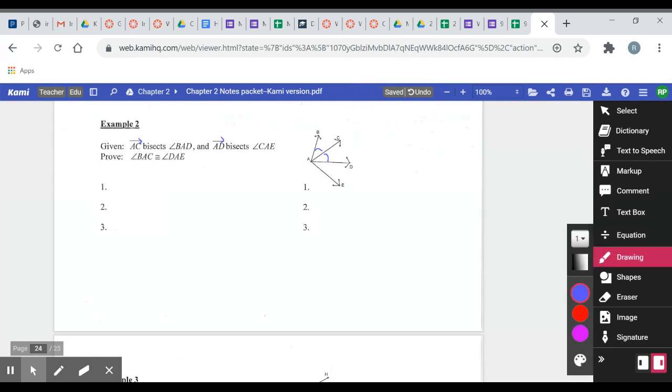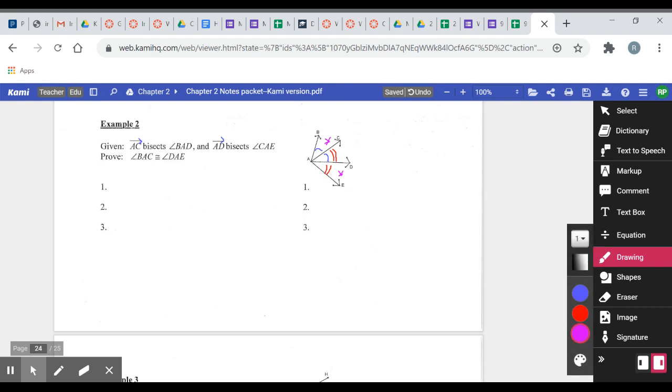And if ray AD bisects angle CAE and cuts it in half, then I know that this angle is congruent to this angle. And what I'm trying to prove is that angle BAC, this angle, is congruent to DAE, this angle.